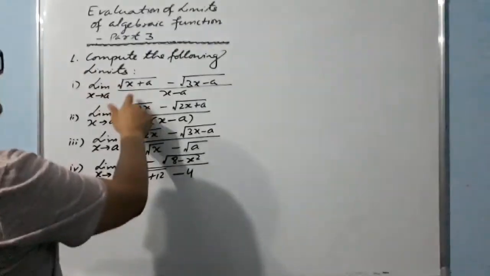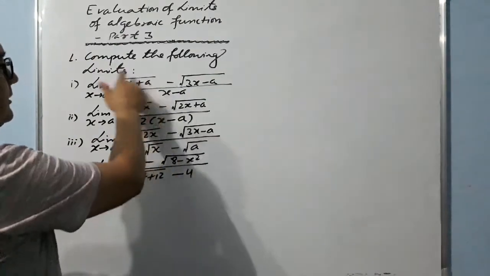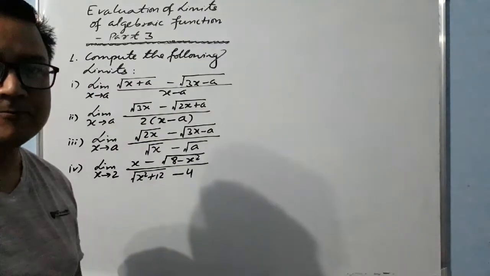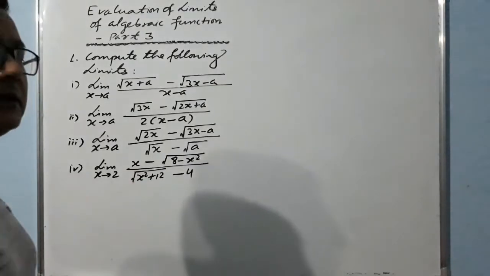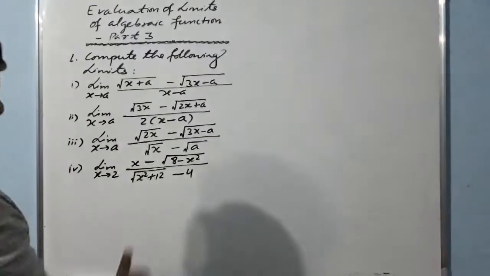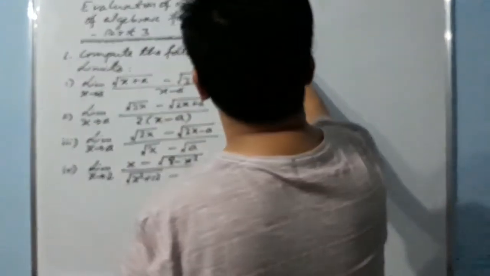Compute the following limits. If you see the question, you will find that in the function there is a radical sign. So today we will do this type of question, and definitely you are going to get ideas on how to find the limit of these questions. Okay, here we go. First question.